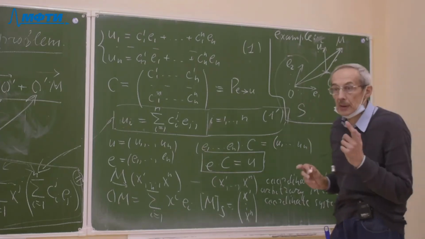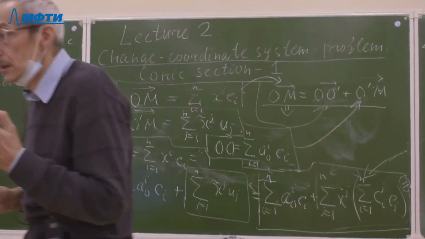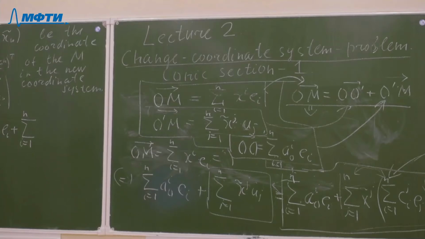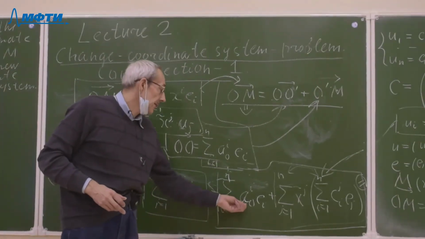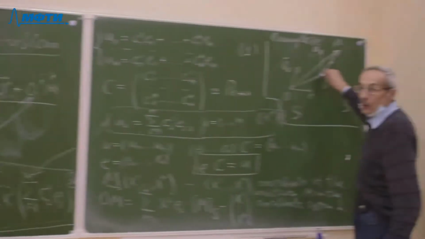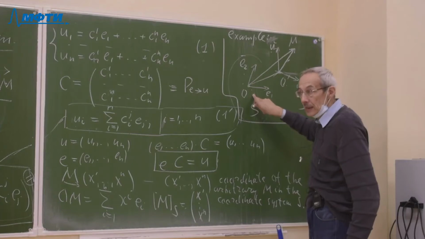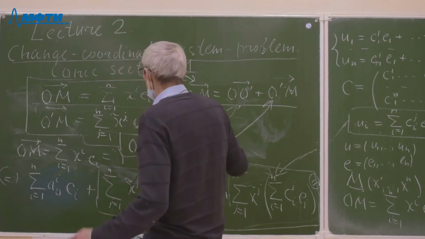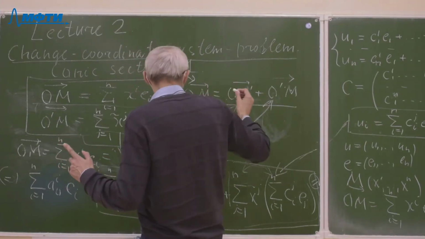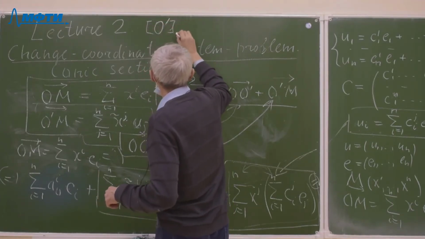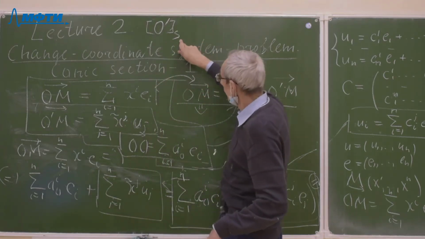My question is, for example, A_i0, why don't we just write A_i? Yes, this means the coordinates of the point O prime in the old basis, namely O prime in the old coordinate system.